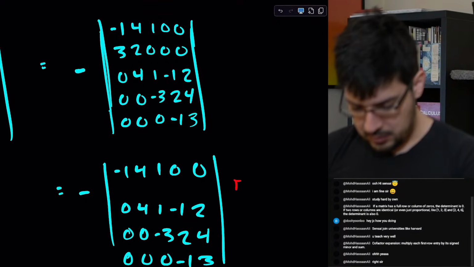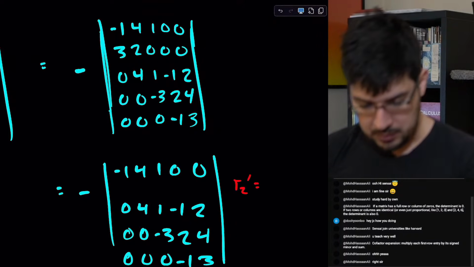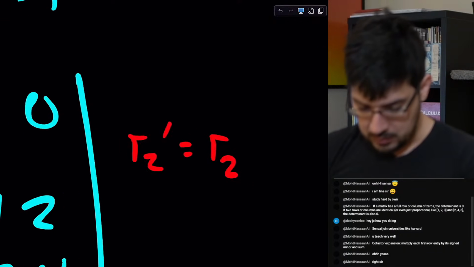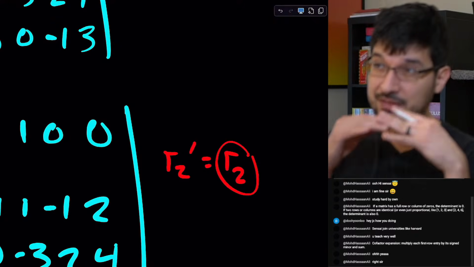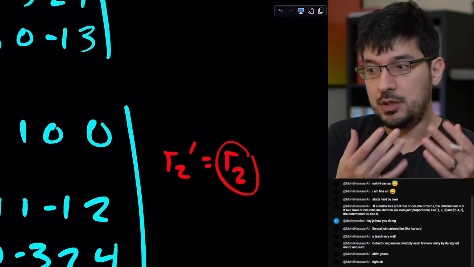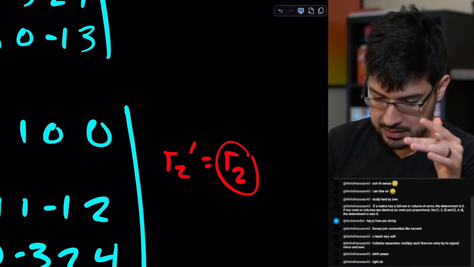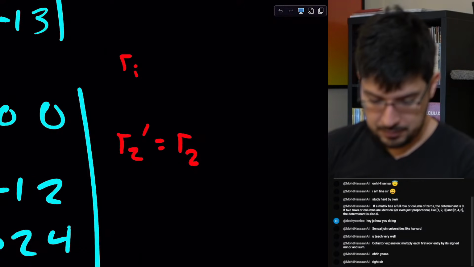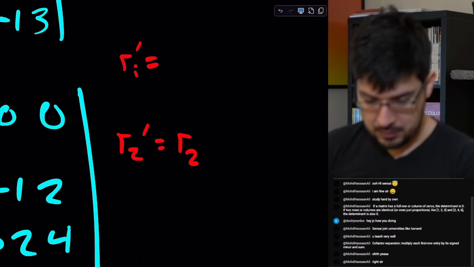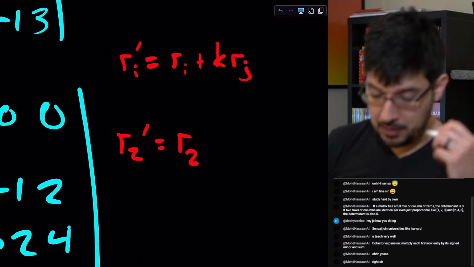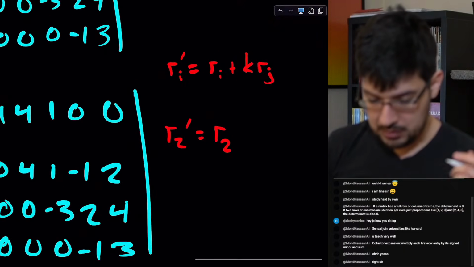Now, our new row 2, I want to add to row 2. So it's important that row 2 stays fixed. You can't multiply it by a negative or a multiple of itself in this process. It needs to be row 2, so you can add a multiple of another row to the row in question.